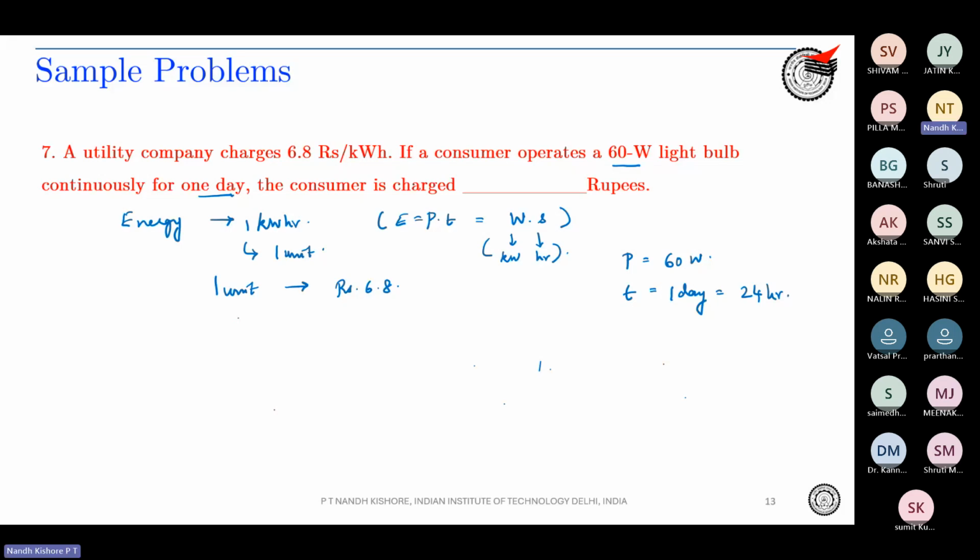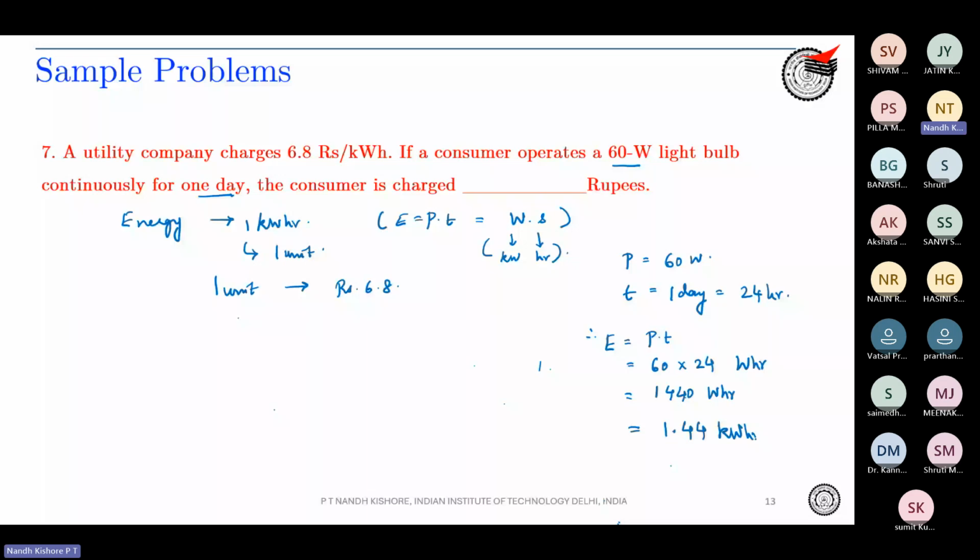So what is the total energy? Energy is power into time, which is 60 into 24, which is how much? 1440. Correct. 1440 watt hour, or I can write this in kilowatt hour as 1.44 kilowatt hour.